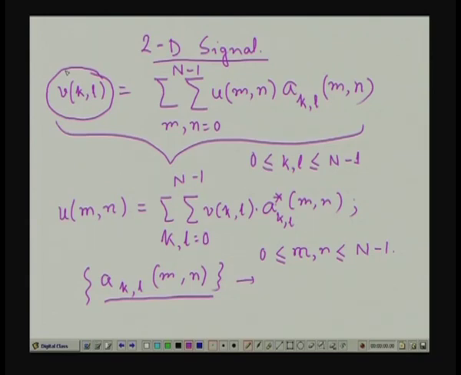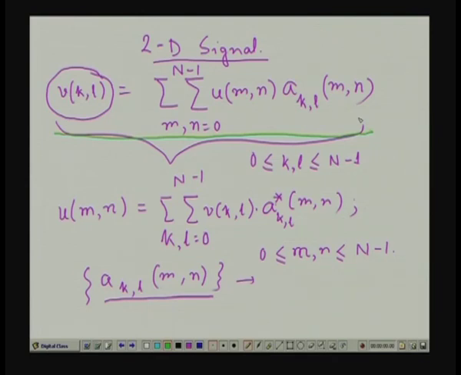Now, let us see what will be the computational complexity of these expressions. If you take any of these expressions, say for example, the forward transformation, where we have V K L is equal to double summation U M N A K L M N, where m and n vary from 0 to capital N minus 1. That means m will vary from 0 to capital N minus 1, n will also vary from 0 to capital N minus 1.